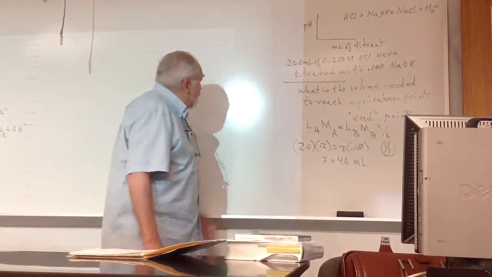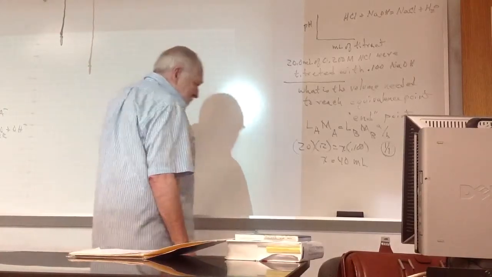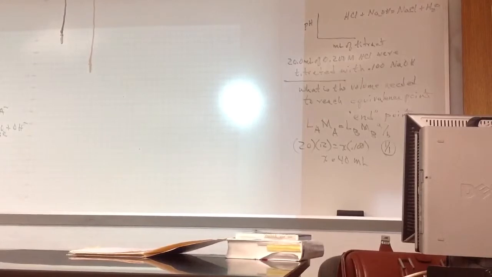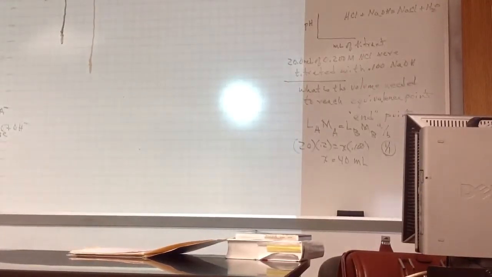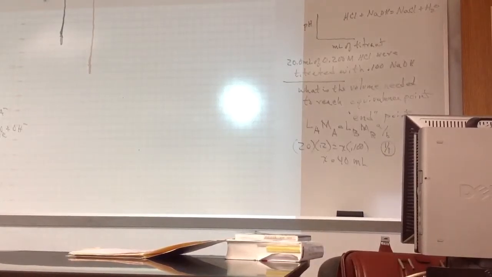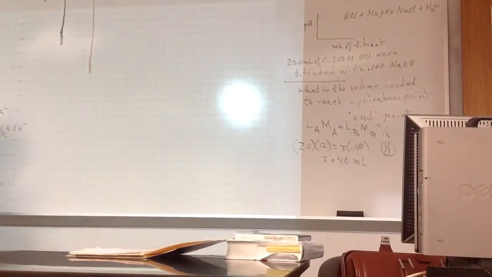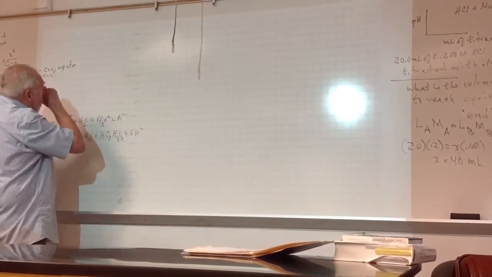So if I were plotting the titration curve, here's 0, 2, 4, 6, 8, 10, 14 up there somewhere.